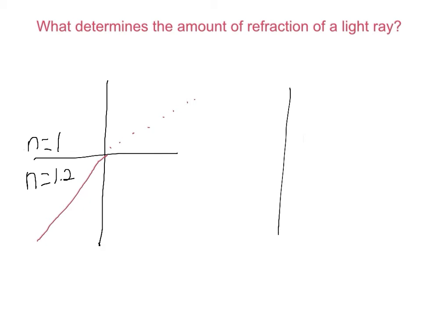Now, if there was a much higher difference between the two, say one media has an index of refraction of 1 and the other has 1.8, the amount of refraction is going to be much more dramatic, so it'll refract away from the normal line maybe at an angle that looks more like this.